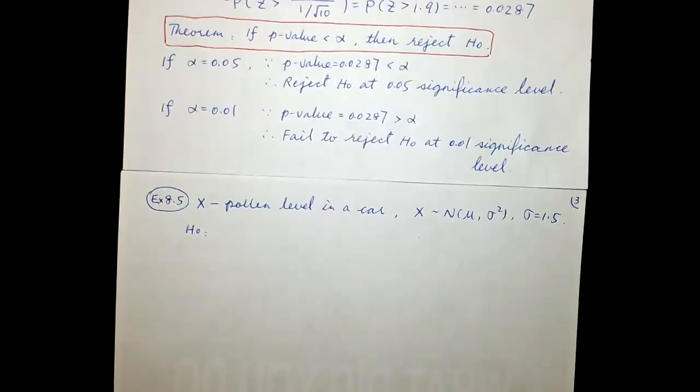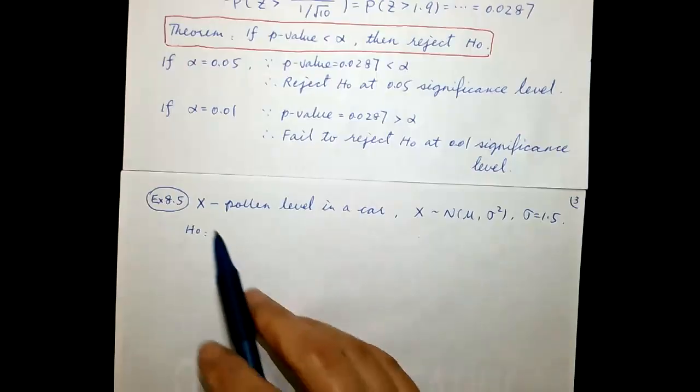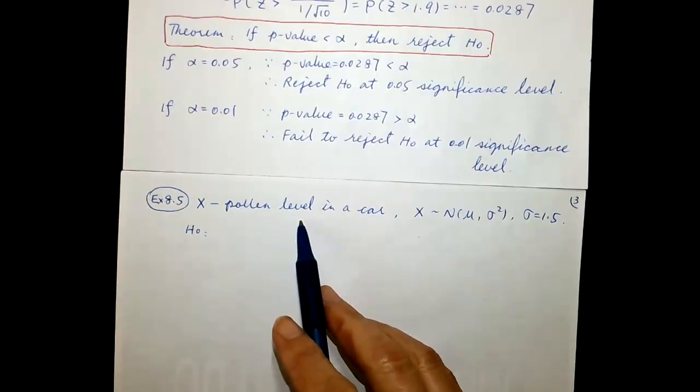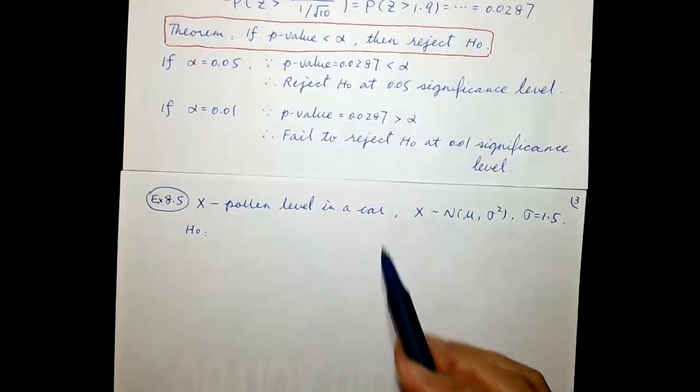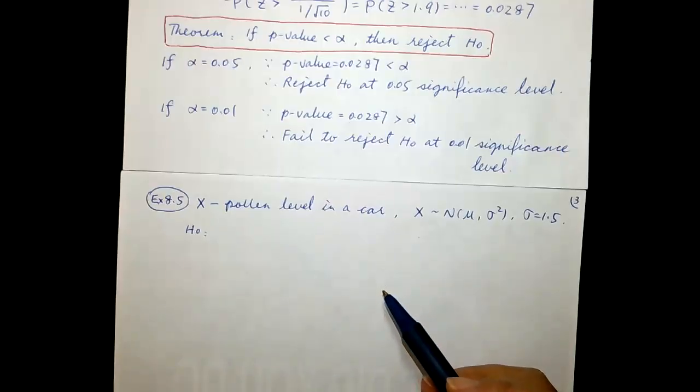So if the company claims that my filter can keep the pollen level below 5, does it mean that they are making the claim on X? X is less than 5? Never. Nobody would claim that X is less than 5 because X is the pollen level randomly measured in one car, right?